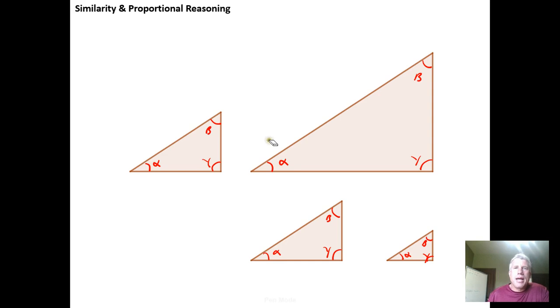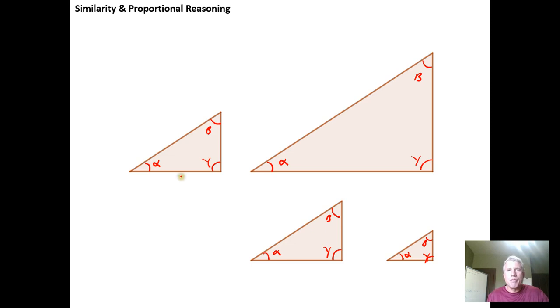The idea is that for one triangle to be similar to another, in other words, for one triangle to have the same angle measurements as another, it just needs to be a scaled up or scaled down version of the original triangle.